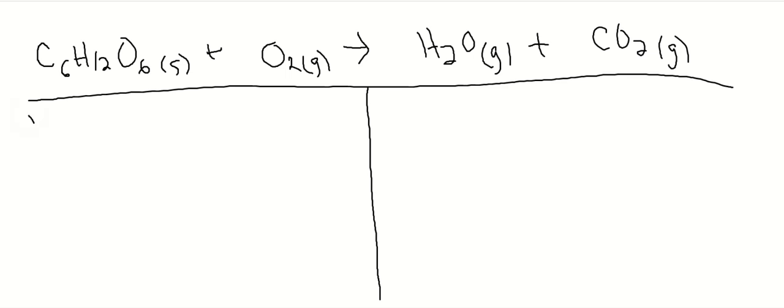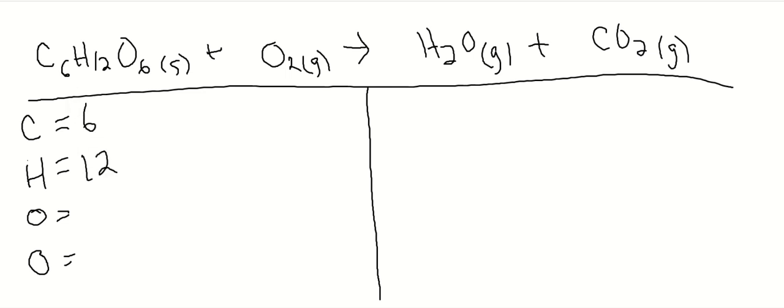All right, so carbon, hydrogen, and oxygen appear in two different locations, so two different lines for them. 6 carbons and 12 hydrogens from the glucose, and 6 oxygens from the glucose and 2 from the oxygen gas.